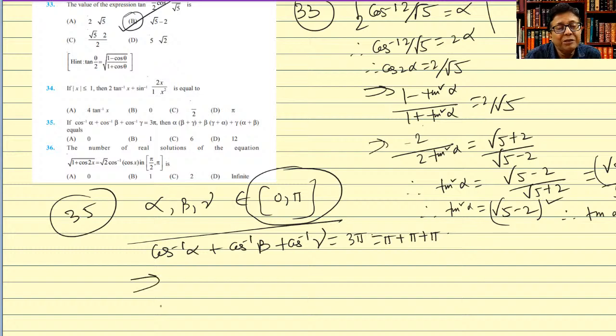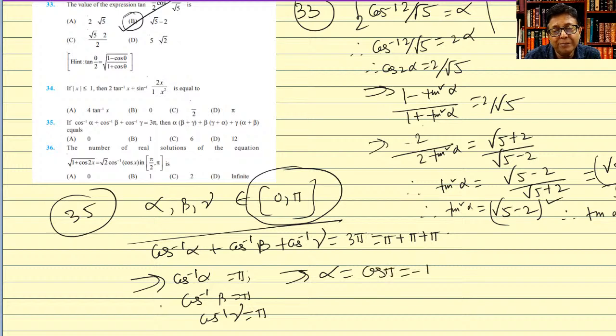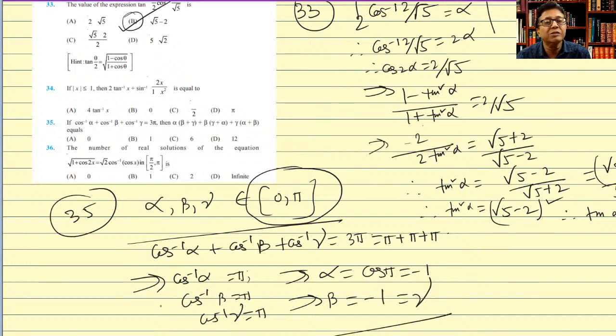So this will imply cos inverse alpha is pi, cos inverse beta is pi, and cos inverse gamma is also pi. So alpha is cos pi, minus 1, beta minus 1, and gamma also minus 1. So the given expression will be what?